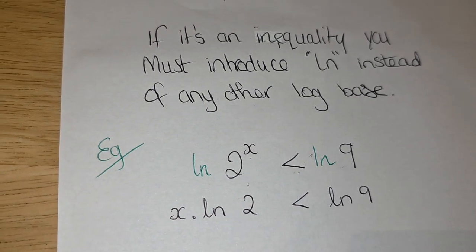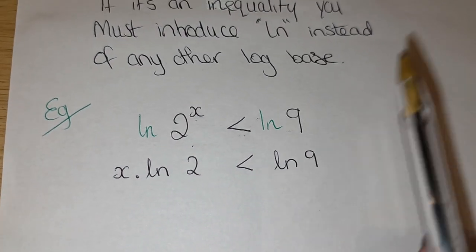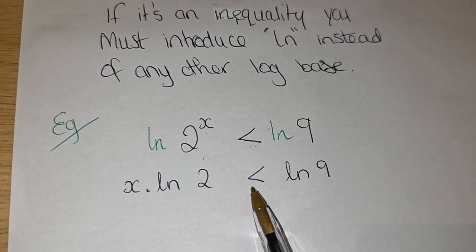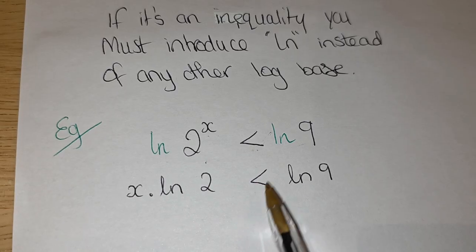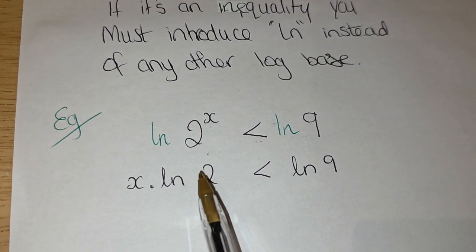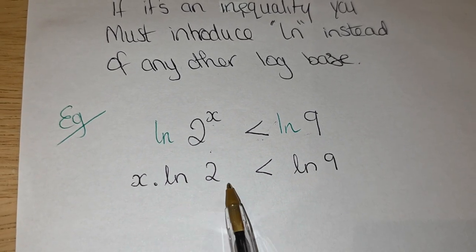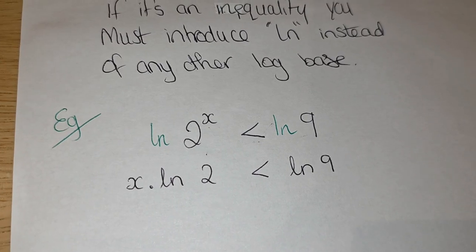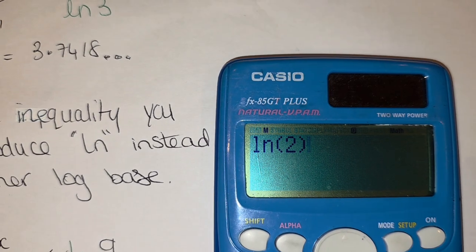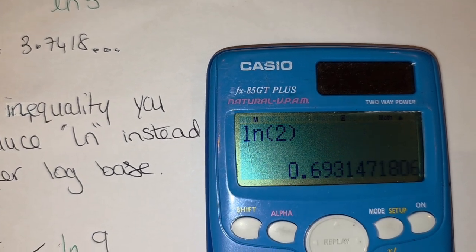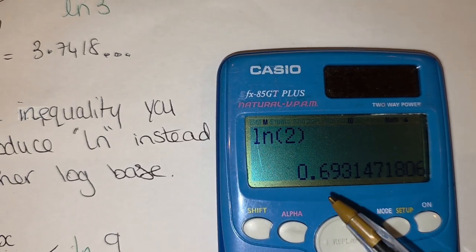But remember, it's inequalities, and when you're working with inequalities, if you multiply or divide across an inequality by a negative number, the sign has to flip around. So I'd need to check, before I go dividing both sides by ln 2, if ln 2 is positive or negative. So a quick check on the calculator, ln 2, and I get back a positive answer. Okay, so that's grand.